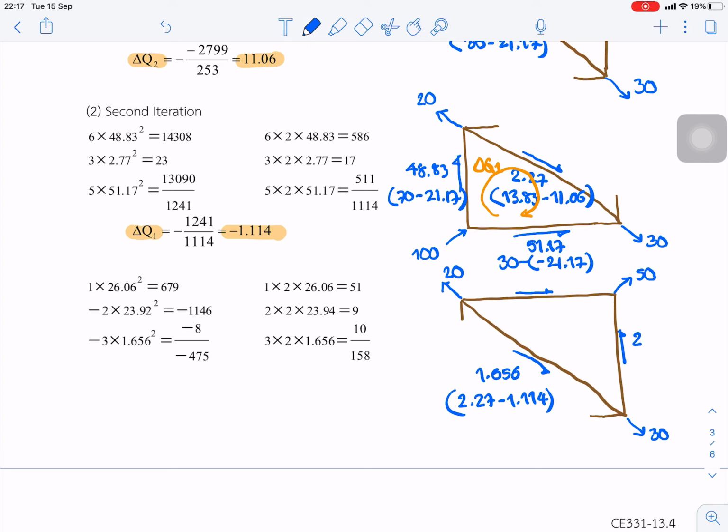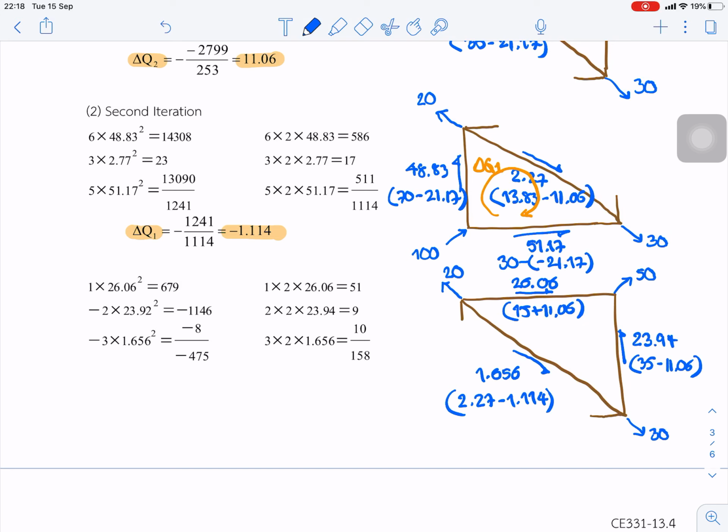The other we can correct from the first loop. It comes from 35 subtract 11.06, and this will be 26.06. It comes from 13 plus 11.06.